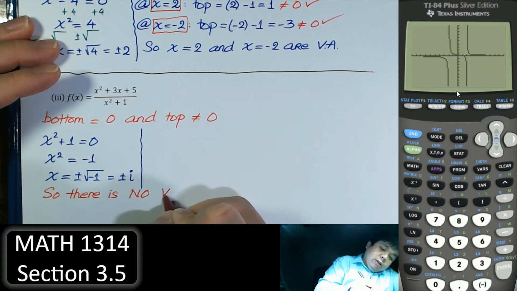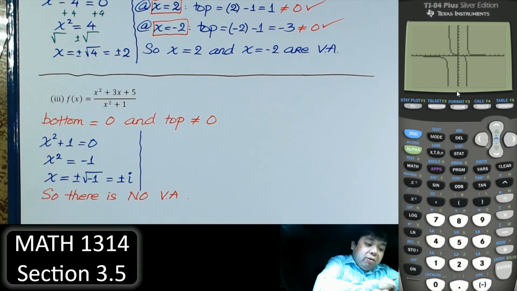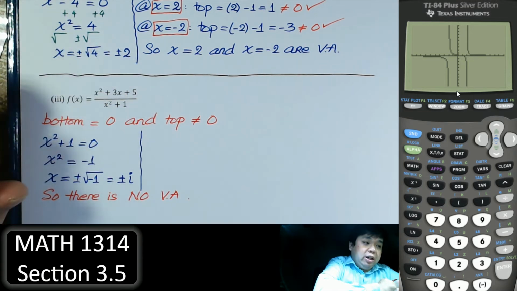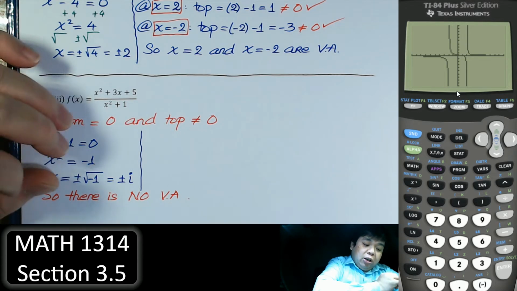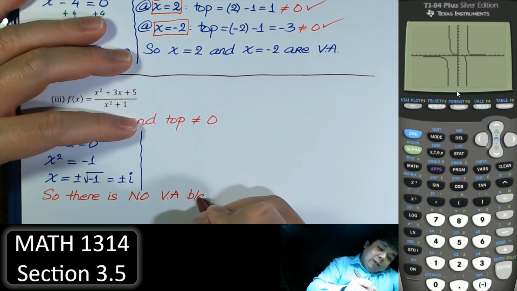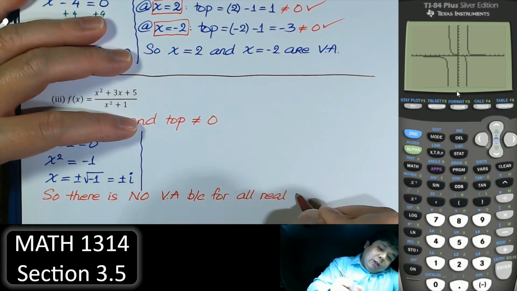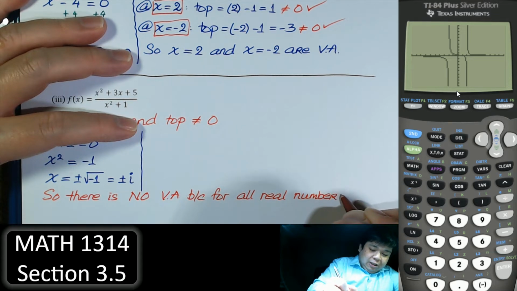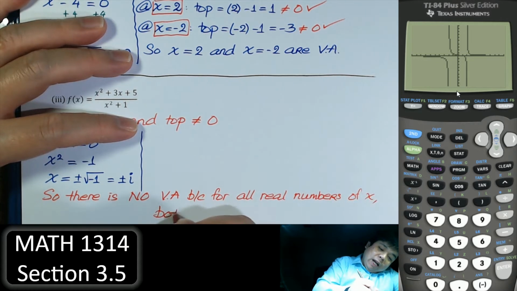vertical asymptote, because for all the real number values for x, the bottom cannot equal 0, because we have imaginary numbers here. So for real numbers, the bottom cannot equal 0.